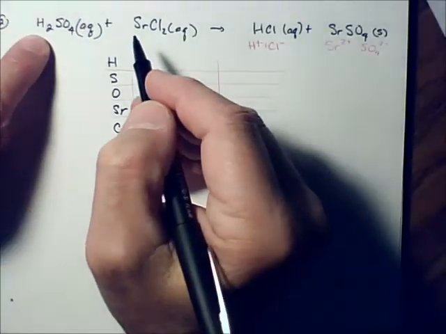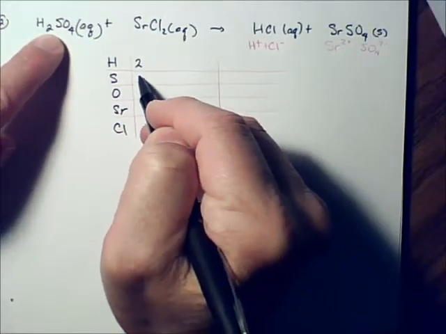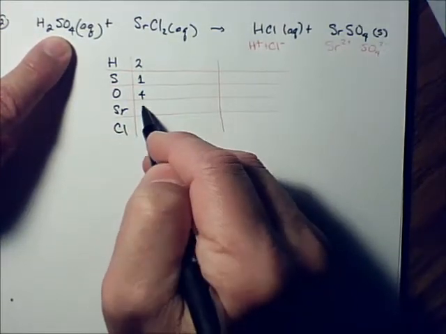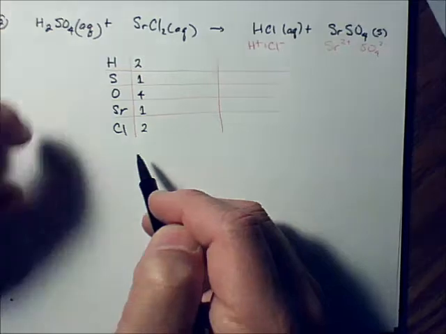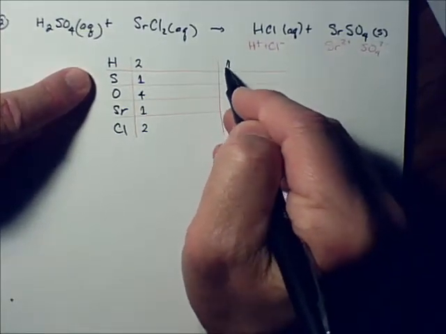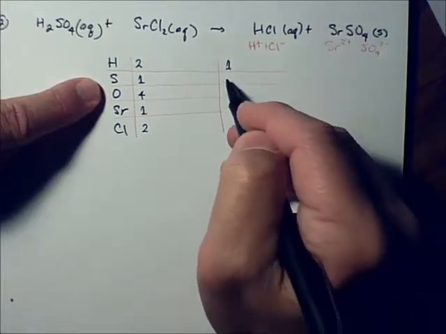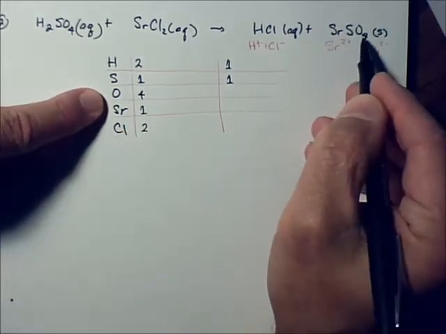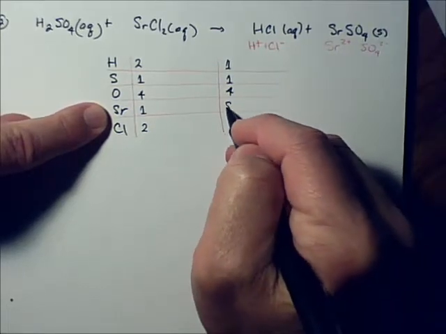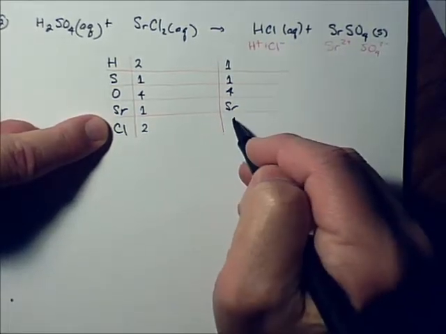All right. So we have 2 hydrogens here, 1 sulfur, 4 oxygens, 1 strontium, and 2 chlorines. Over here, I've got 1 hydrogen, 1 sulfur, I've got 4 oxygens, 1 strontium, and 1 chlorine.